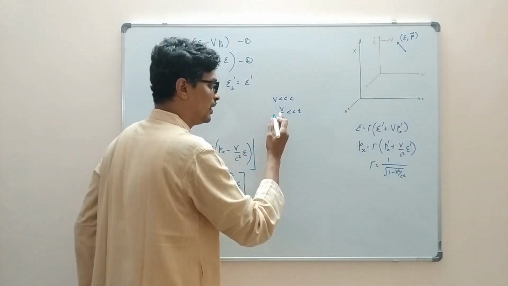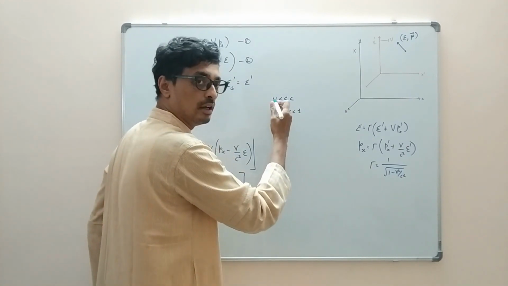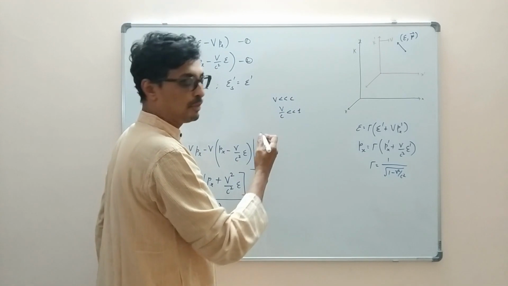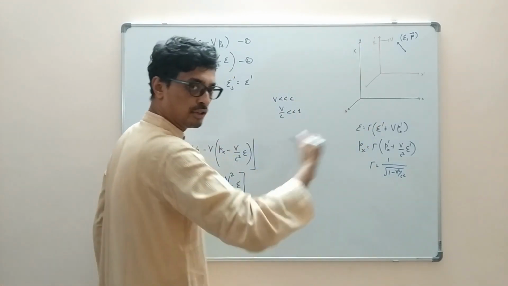We will neglect every term which is going to be more than the second order of V by C. That means if anything is having V by C whole cube or fourth power or fifth power, we are going to neglect it.